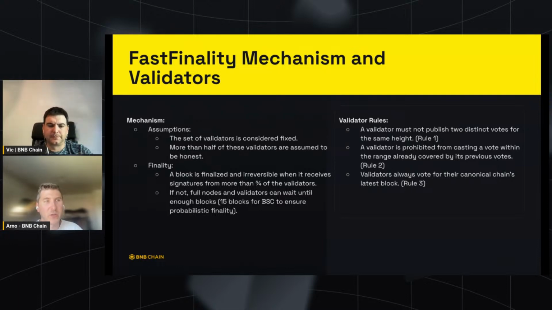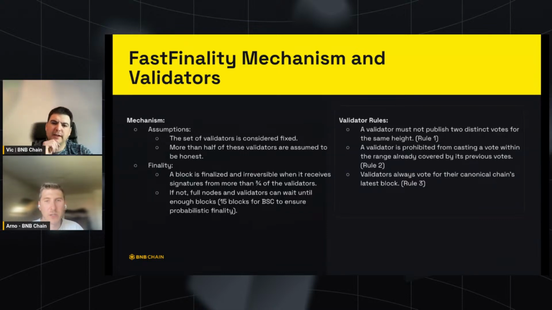As you know, we have different rules for each validator to ensure that they are able to comply with the fast finality. One of the rules is that a validator must not publish two distinct votes for the same height. So for one block, a validator cannot propagate two different votes, of course. We need to ensure that it's only voting once per block. It's really designed to avoid double voting or creating conflict within the voting mechanism.